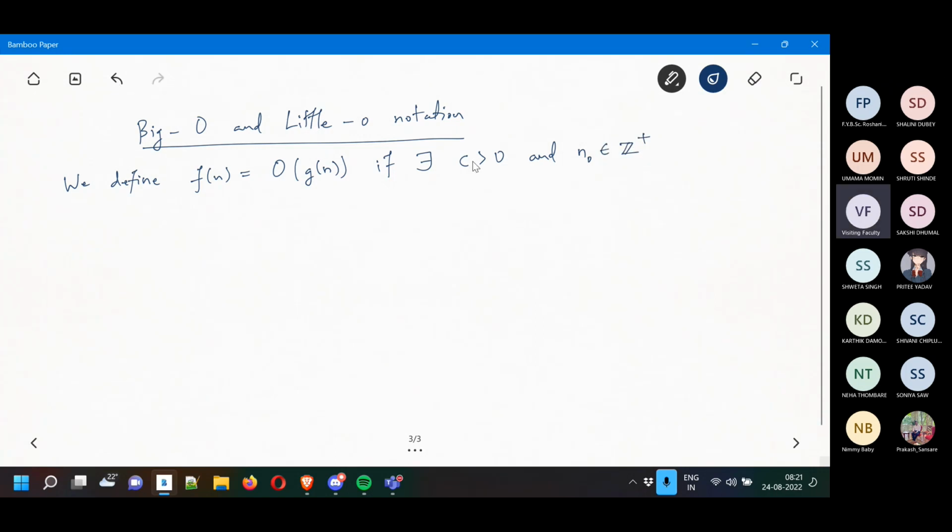C could be a real number. It could be 1 by square root 2. That is fine. Such that f of n is less than or equal to c times g of n for all n greater than or equal to n naught. Is that okay?